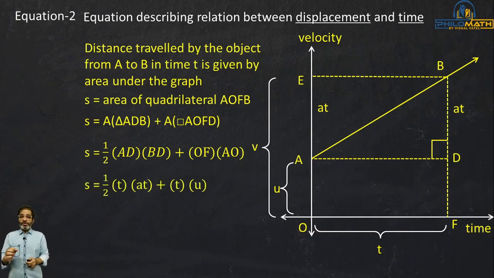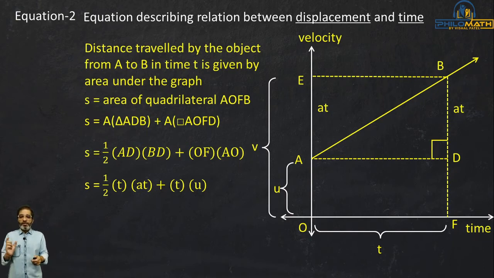So S equals half AD. If you see the graph, AD is equal to FO, as these are the opposite sides of a rectangle. So instead of AD, I'm writing T. BD is equal to EA, again opposite sides of a rectangle. So instead of BD, I'm writing AT, that is A into T, plus OF is nothing but T, and AO is nothing but U, the initial velocity.